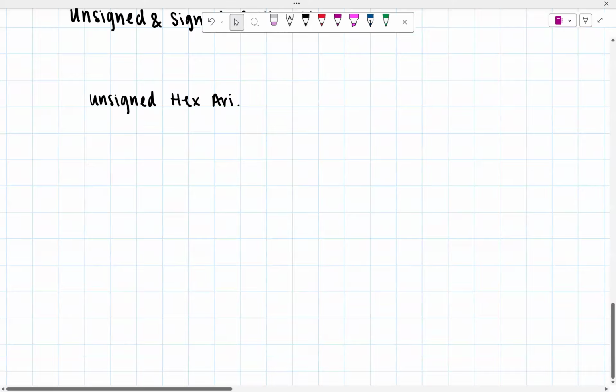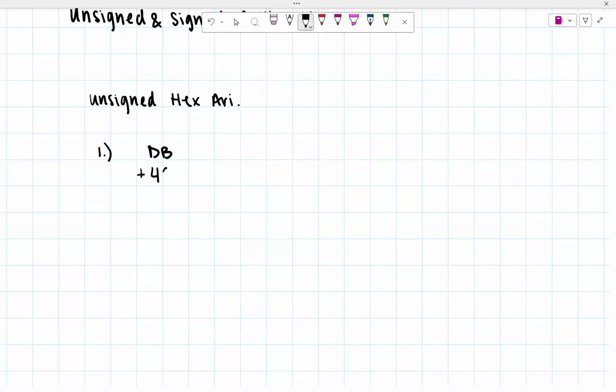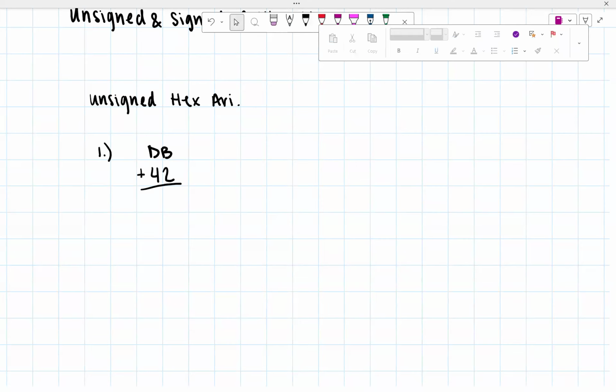The first example I want to do, and again, these are in your practice problems, is DB plus 42. And remember, these are hexadecimal numbers, right? Here we can just add like normal, like if it was a regular decimal.